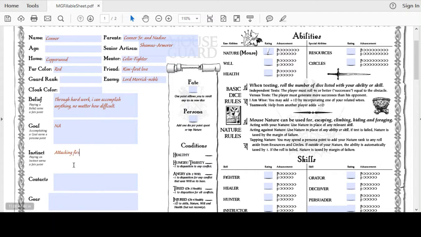Maybe attacking first with my hammer and apologizing later is better than dying. Again, that's not really a great instinct, guys, but you get the point, okay?